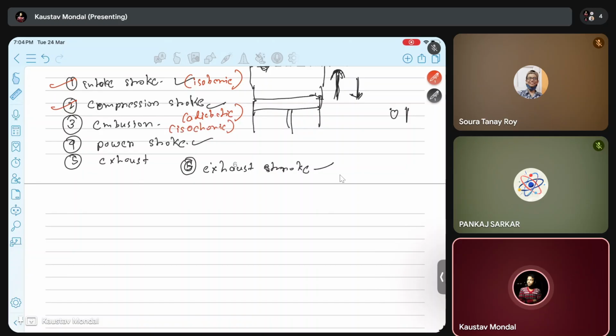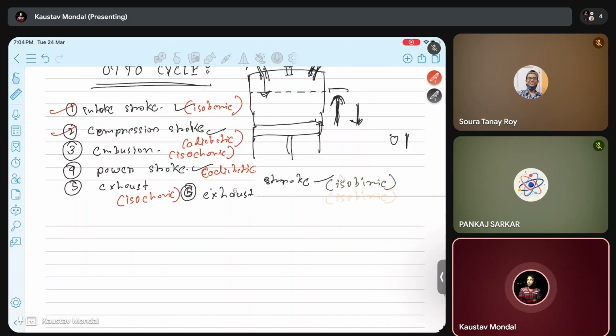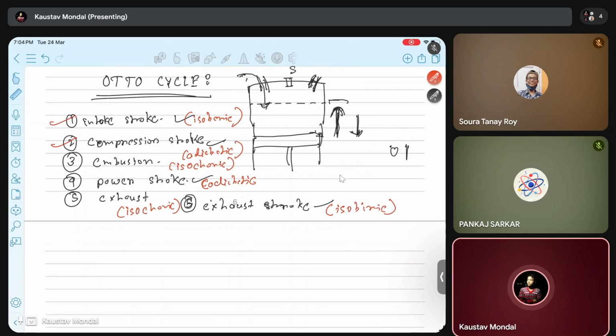The power stroke is adiabatic again. The exhaust stroke is again isochoric, and the exhaust output is isobaric. So these are the different types of processes associated with all of these operations.